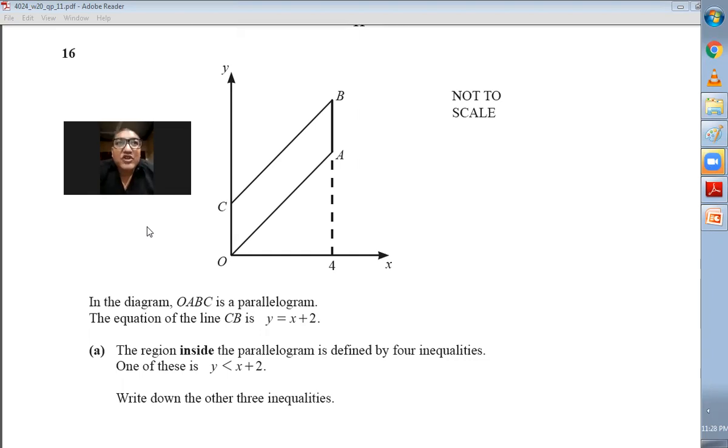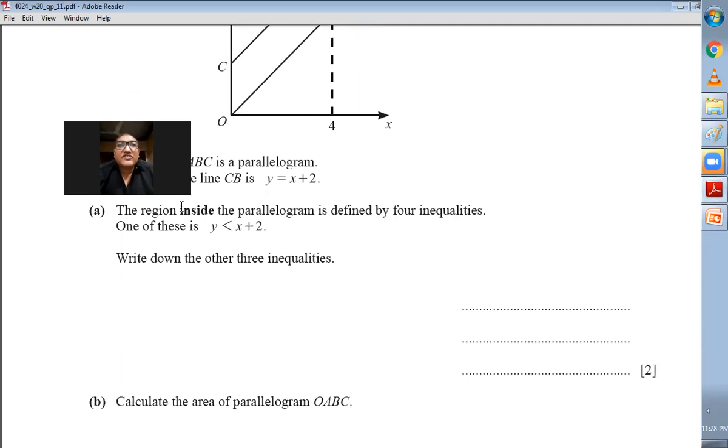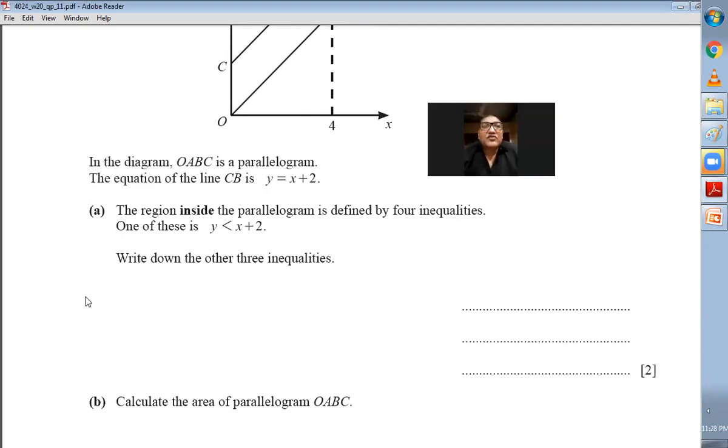The reason is that the required area is below this line.